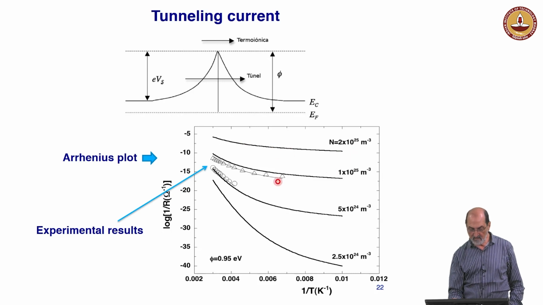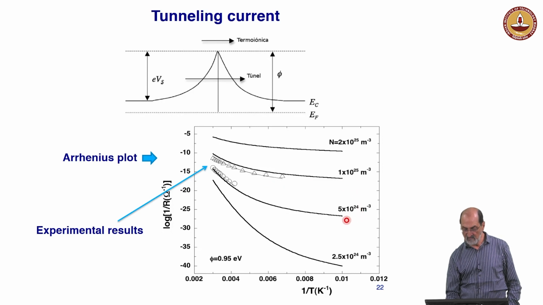And these are the experimental values that I plug in here. I did not try to fit them, but it's very easy to see that some value between 5 10 to the 24 and 1 10 to the 25, maybe I could have chosen 9 10 to the 24, I could fit these results very well. I did not try to do it, I'm just comparing.